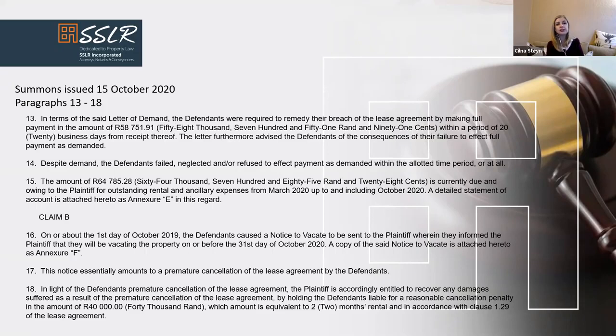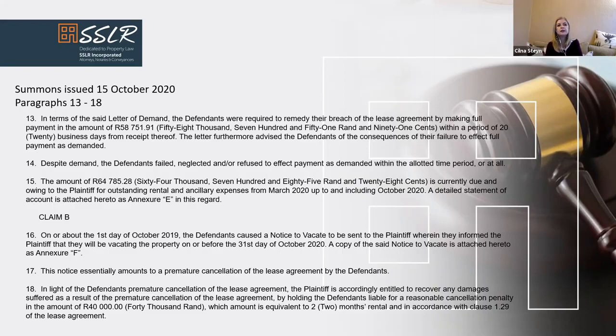We did not have to cancel the agreement. We already knew at the time that the tenant would vacate by the 31st of October. So there was no reason for us to act on the cancellation in terms of the letter of demand. We decided to just stick to the 31st of October. So this is why we haven't done a new letter of demand or anything funny.